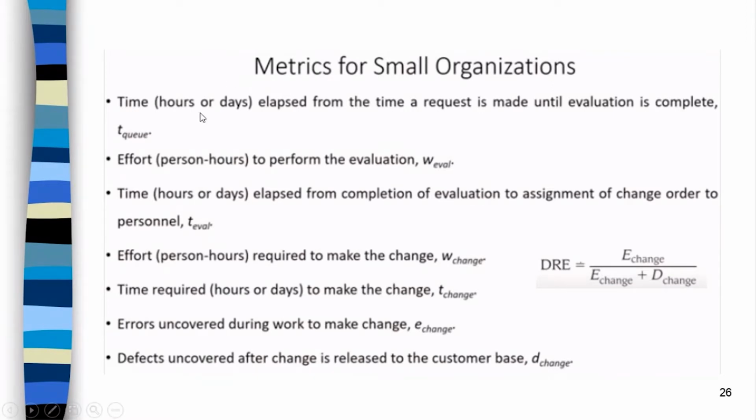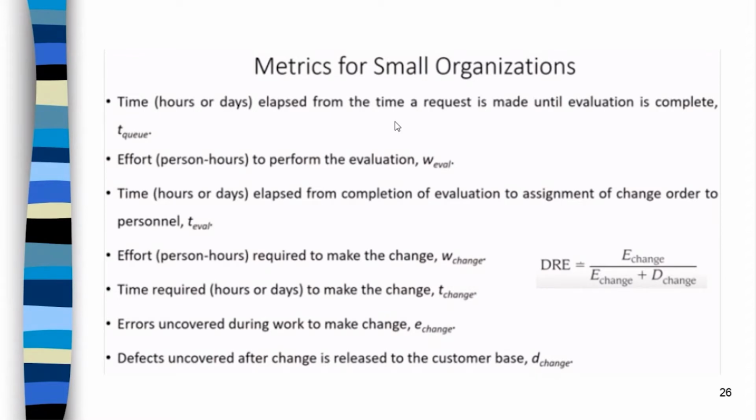The first is the time elapsed from the time a request is made until the evaluation is complete, so we can keep track of that time. Then the effort to perform the evaluation, then the time elapsed from completion of evaluation to assignment of the change order to personnel, then the effort required to make the change. Basically, all these things deal with effort and time.